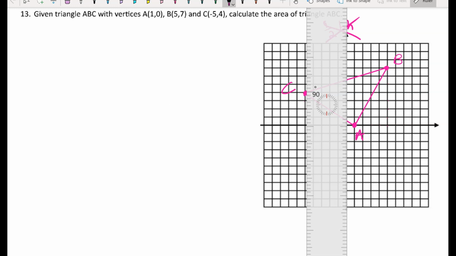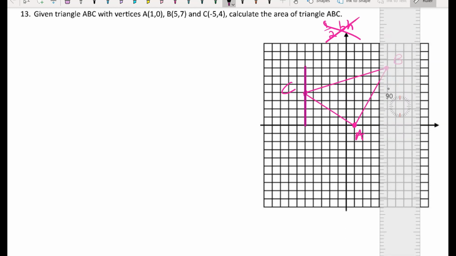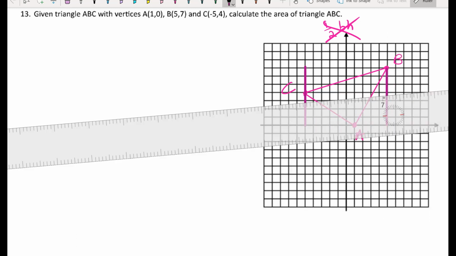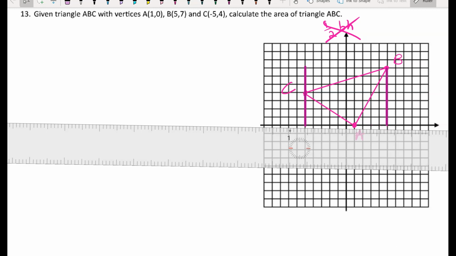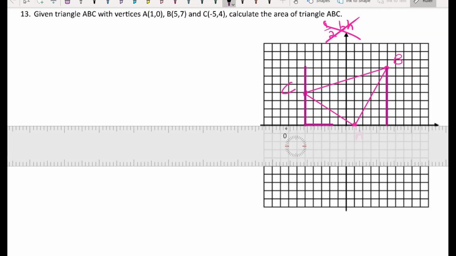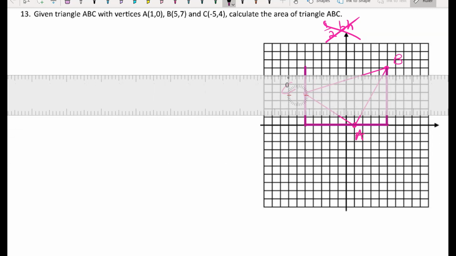So I'm actually going to draw a rectangle around my triangle so that it's perfectly encased, so that all the vertices of the triangle touch the edge of the rectangle. So it should look something like this. That's what I'm doing in purple there.